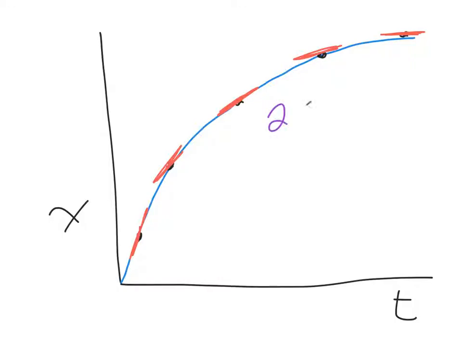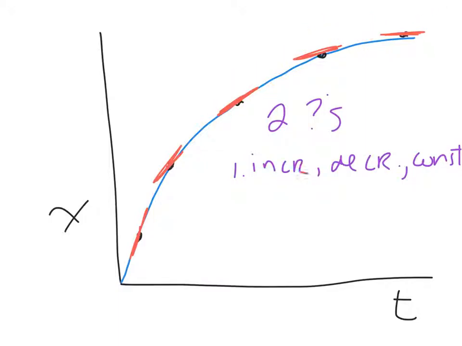So 2 questions. First, are those slopes increasing, decreasing, or constant? In other words, are all of these slopes here getting steeper?